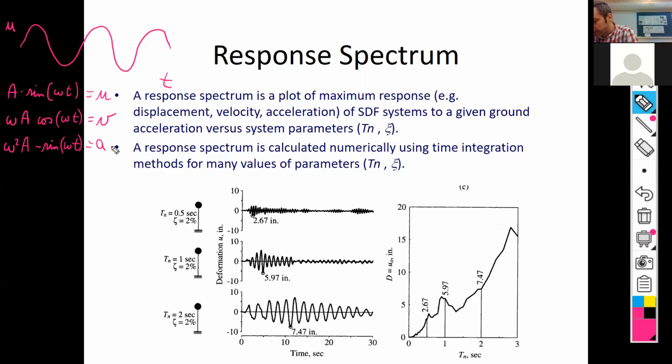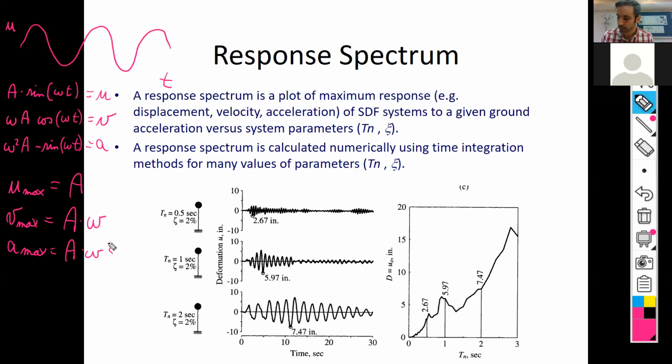That's a property of a sinus shape. The maximum, in this case, U max is going to be the amplitude, of course, and V max is going to be the amplitude times omega, and the acceleration max is going to be the amplitude times omega squared.